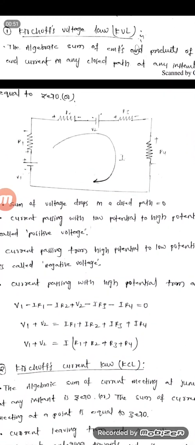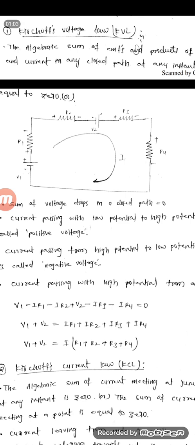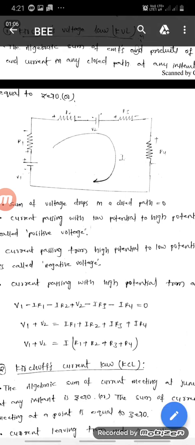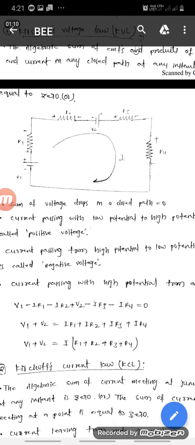Here we can observe the circuit. One closed path is there, and the current is flowing in it. We have two sources, V1 and V2, two batteries, in combination with R1, R2, R3, R4 connected in series.